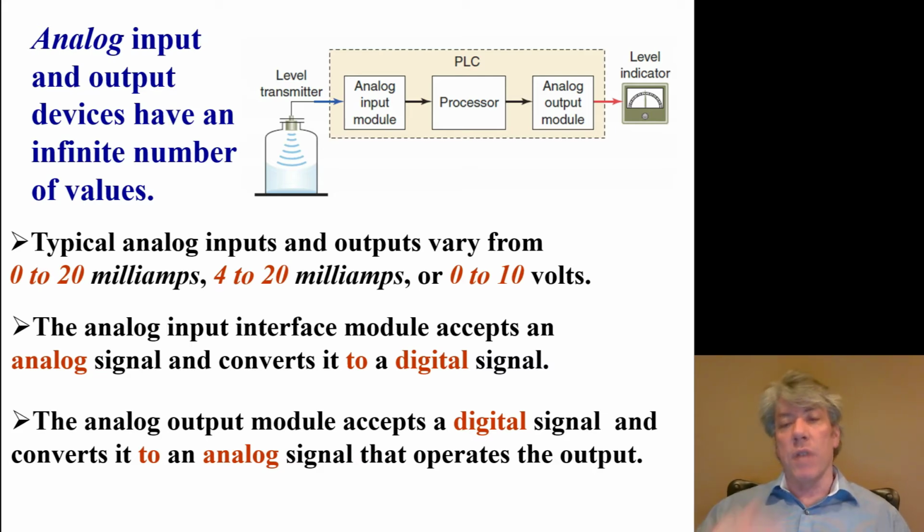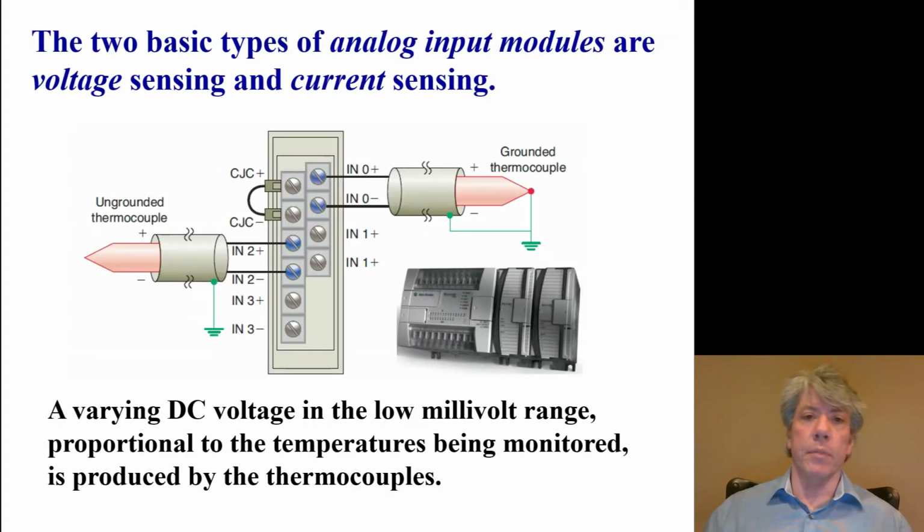And so the valve's not on or off, it's some percentage of on or off, and that can be driven by the PLC. Well, the job of the analog output module is to take the discrete numerical value that represents the valve's position and maintain it as an output to the valve continuously. So it converts a digital signal into an analog signal.